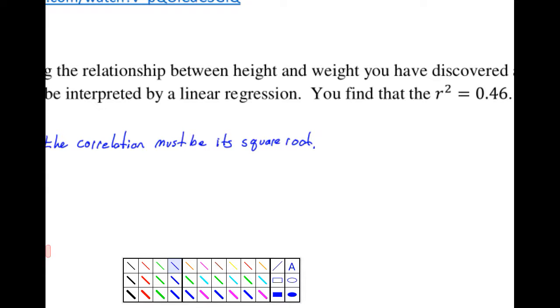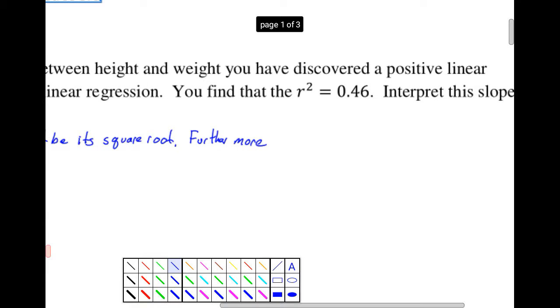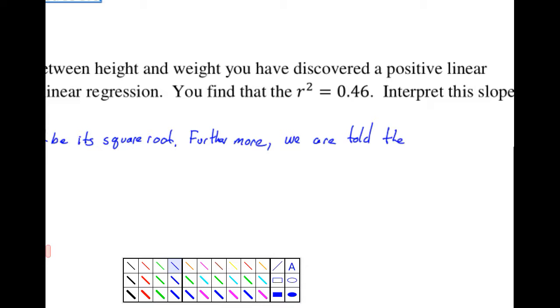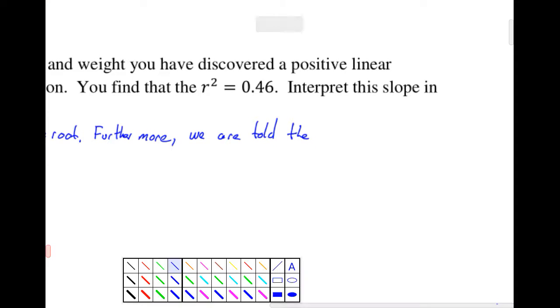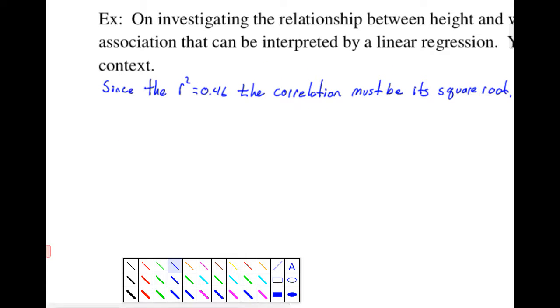So furthermore, we are told the association is linear, which is important because that means we can talk about the correlation, and positive.